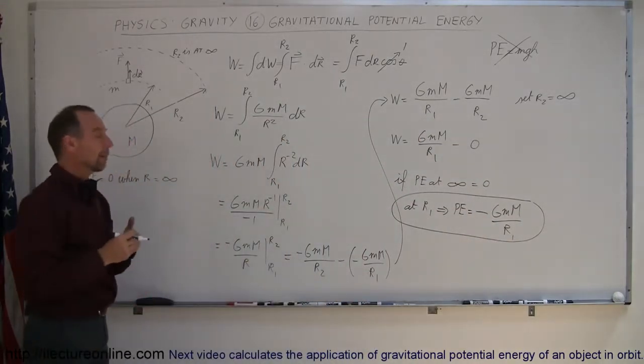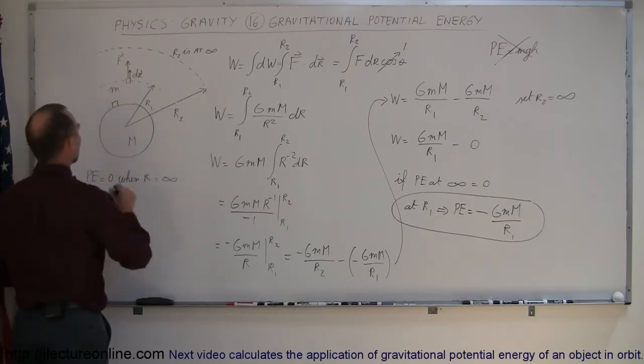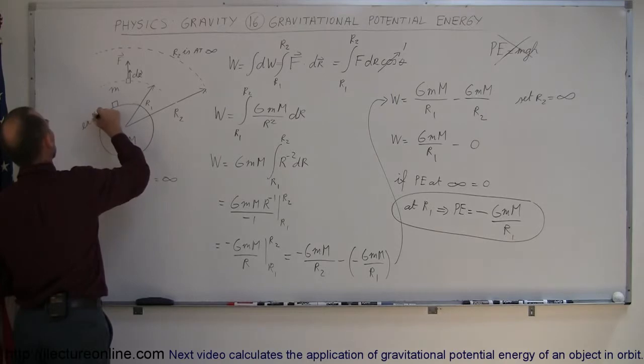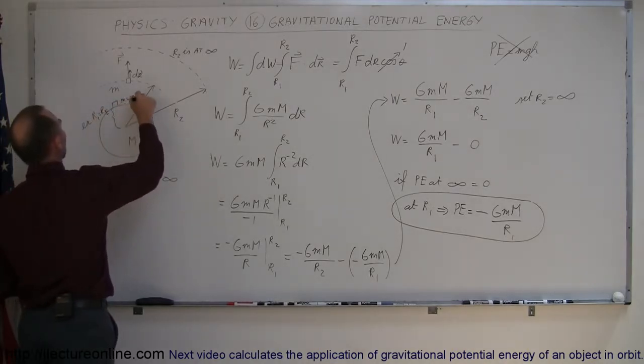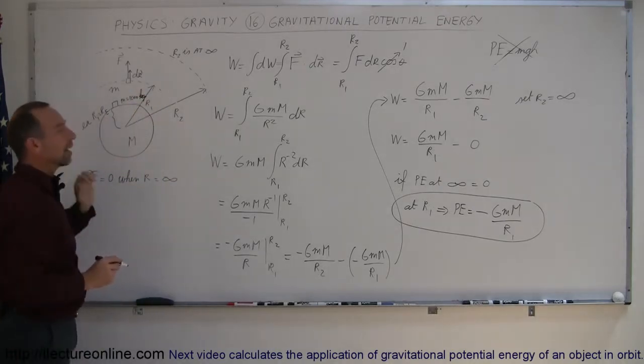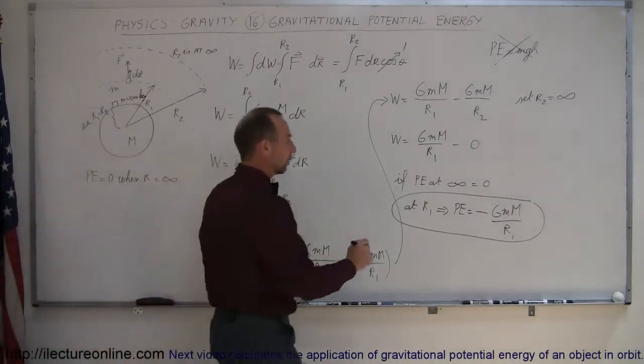So as an example, let's say we place an object right at the surface of the Earth. So therefore, in our example, R1 is going to be equal to the radius of the Earth. And let's say that the mass is equal to 1,000 kilograms. What would be the potential energy of that object on the surface of the Earth using that definition? Well, we plug in the numbers.